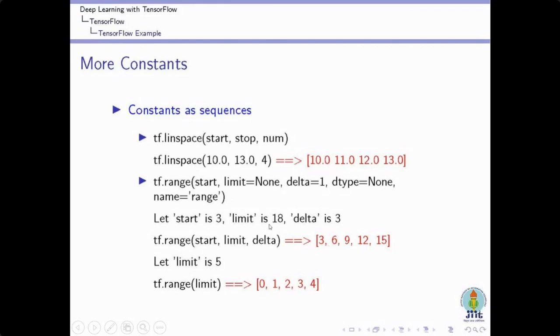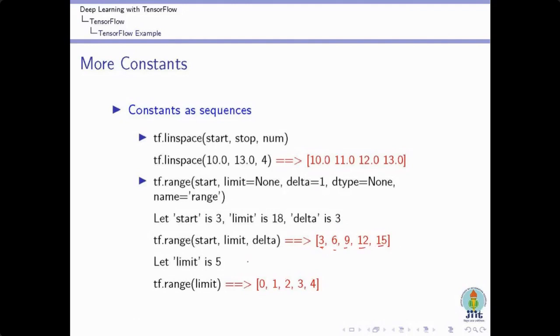Limit is 18, so it will go till 18, but 18 is not included. And delta is the difference. Here the value of delta is 3. So it will start from 3, then the next number will be 6, then 9, 12, and 15. It will not return the value 18.